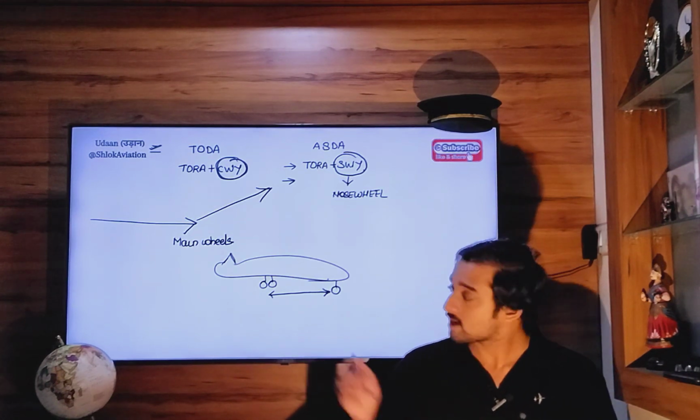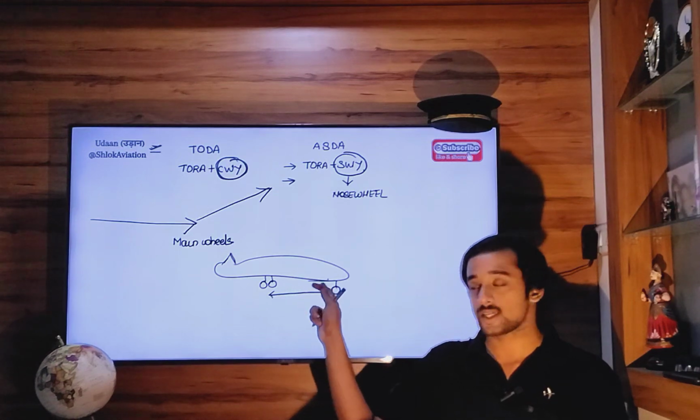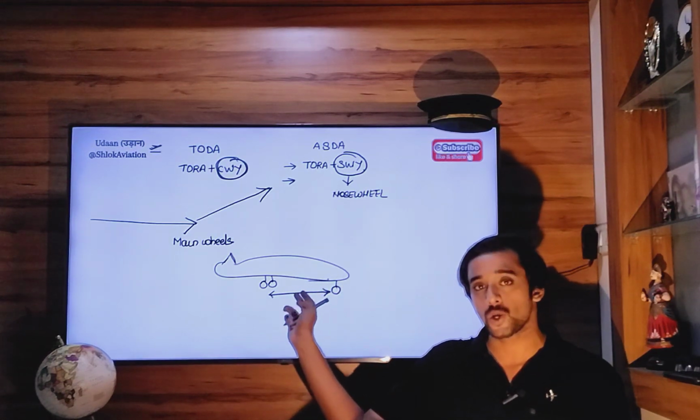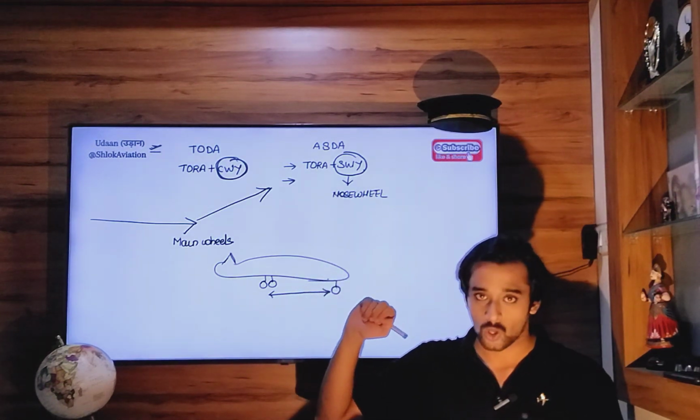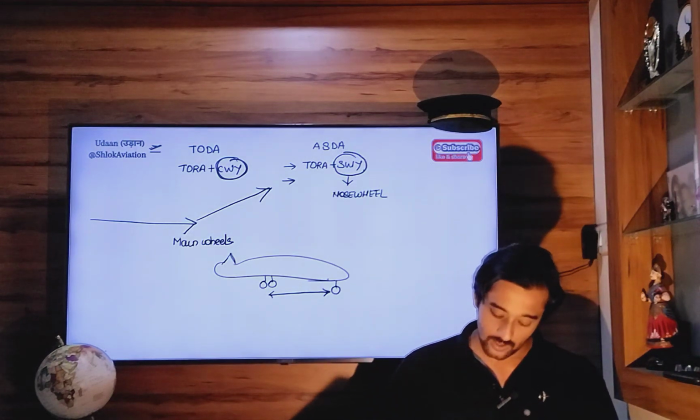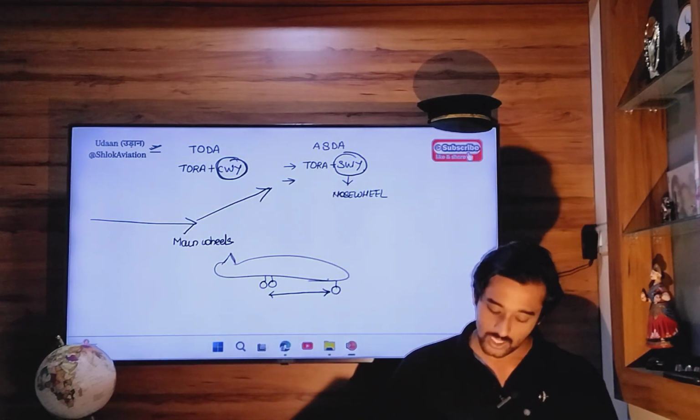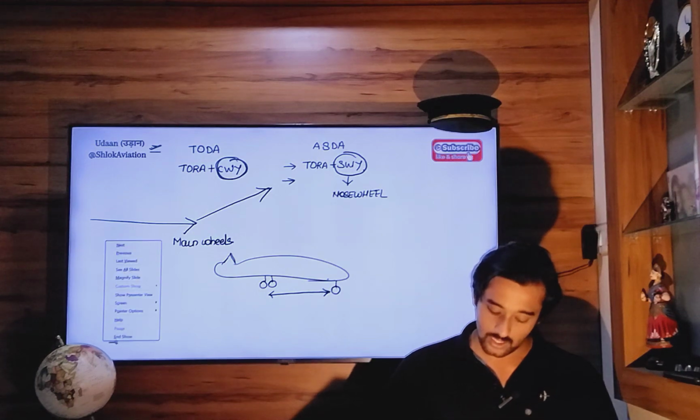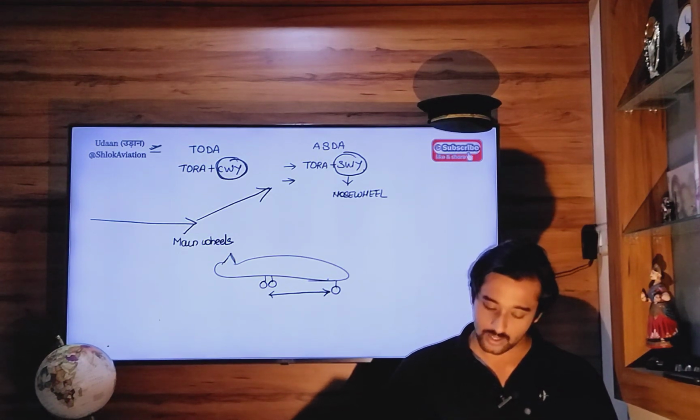So you need not account for or consider this much distance, which you will do in case of accelerate stop distance available. So in case of takeoff distance available, just the main wheels part, okay, just the main wheels part.